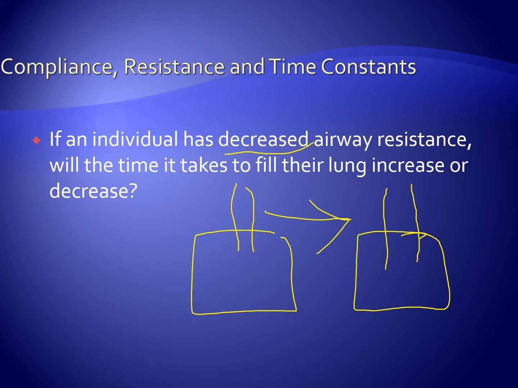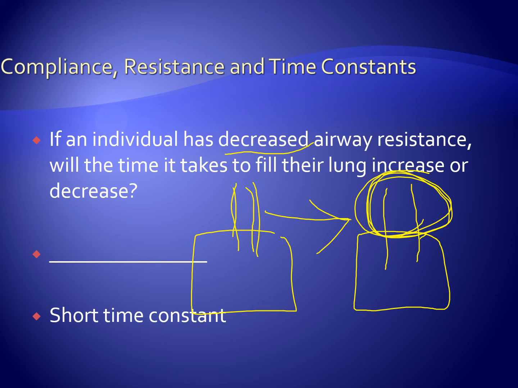So we go from small to big. So we have now a nice fire hydrant hose. Previously we had a garden hose. What will happen to the length of time it takes for them to fill up or to empty their lungs? Well, this is more wide open, so of course it's going to be a lot faster to fill up that cup. It's going to be a lot faster to get rid of it. So this will be a shorter time constant.